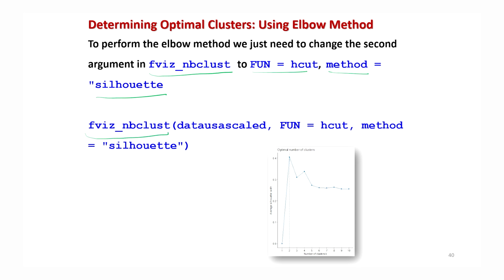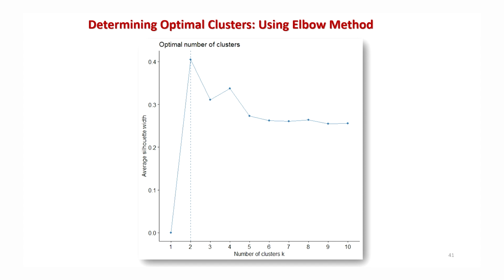So we can create an elbow here, and based on that we can also find how many clusters are needed. I use the same data, add FUN and method equal to silhouette, and we get this type of curve which is clearly visible here.